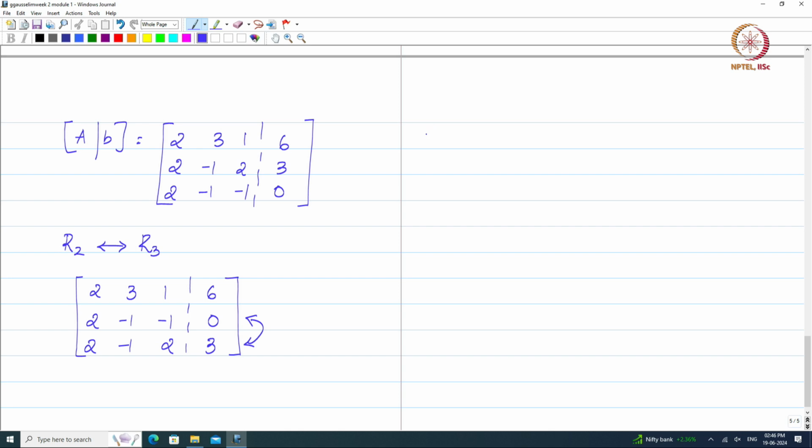Replacing R3 with R3 minus R2, subtracting the second row from the third row, gives you 2 3 1 6, 2 minus 1 minus 1 0, 0 0 3 3.